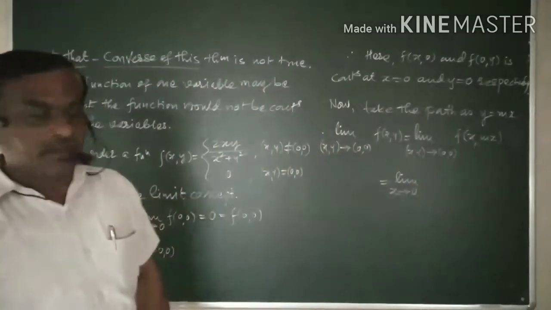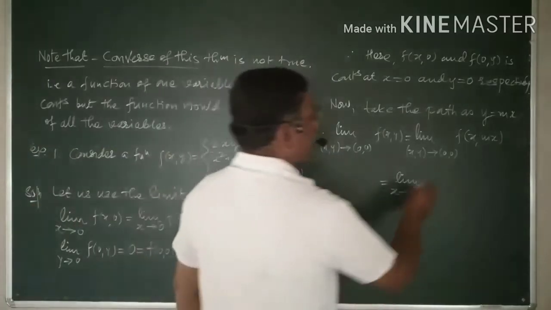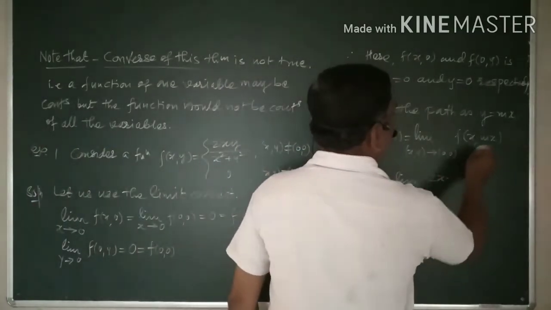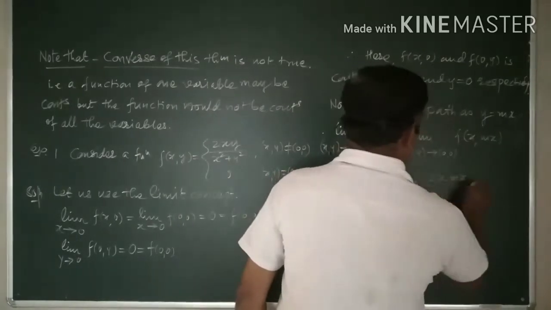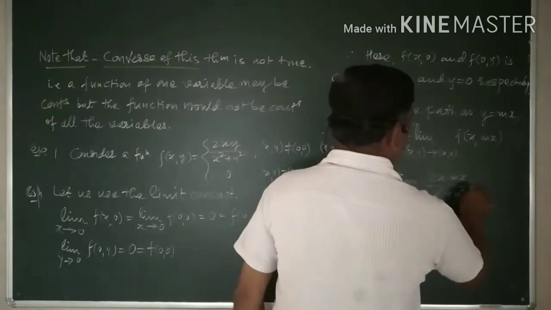What is our function? The function is 2xy upon x square plus y square. Therefore, it is 2x into y, y is mx, divided by x square plus m square x square, right?